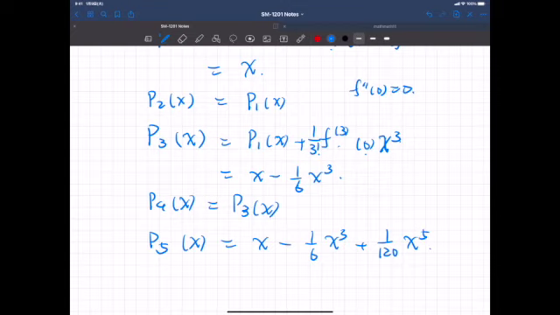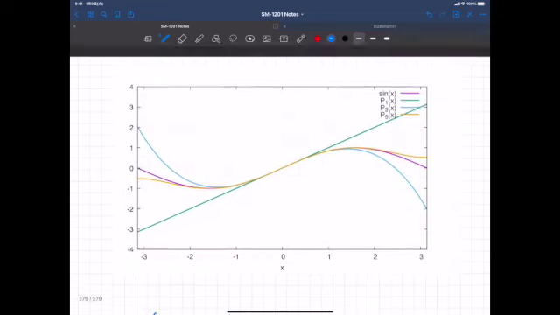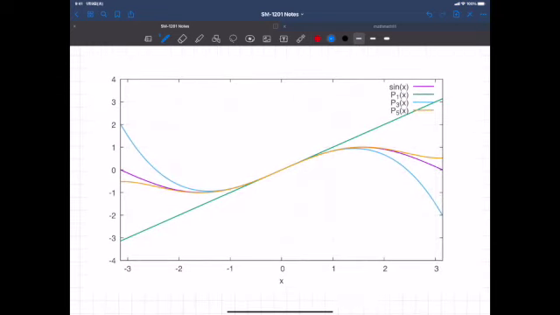Okay, so if we plot these functions, then we get this. This purple line is the sine function. Then p1 is just a straight line, this one. So this is the kind of approximation we get by a linear function. This approximation is good as long as we are somewhere very close to x equal to 0.